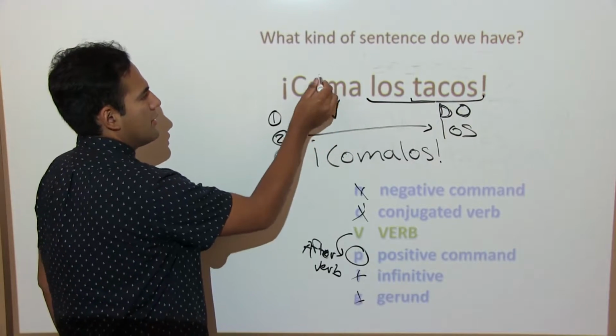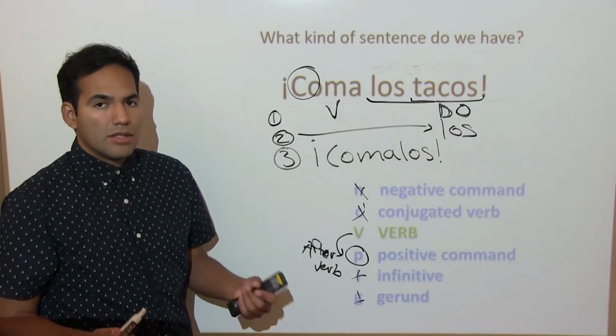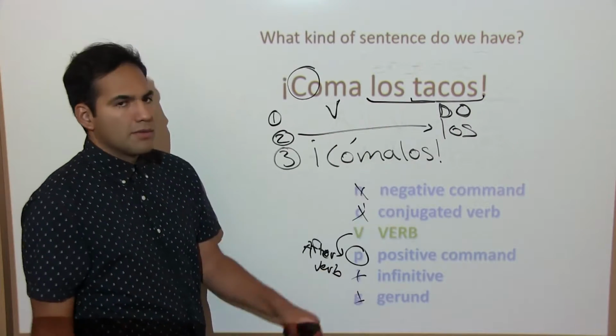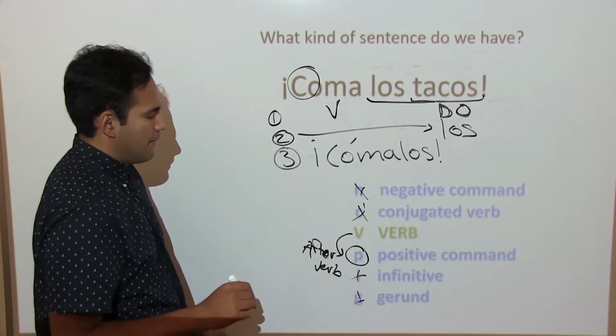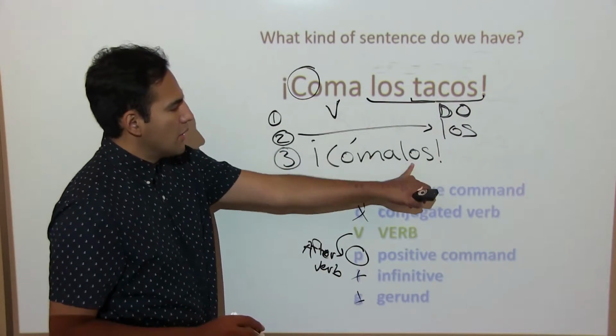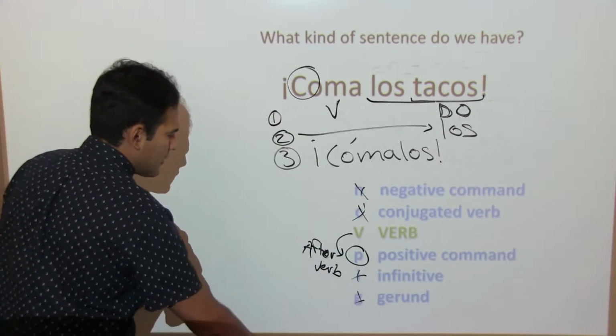Coma. So the stressed syllable is going to be here. And we want to keep that as the stressed syllable, so we have to do an accent. Cómalos. Because we need to keep that accent as well. Okay, so again, positive command, the pronoun goes after the verb attached to it. Okay, perfect. Let's do another one.